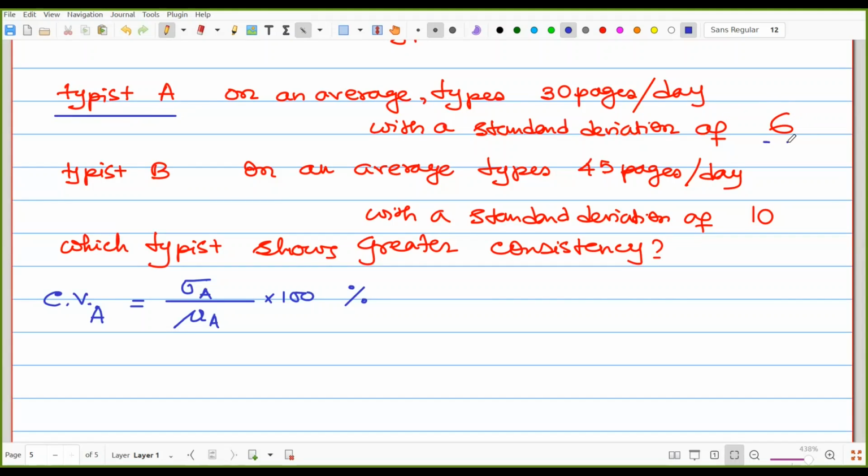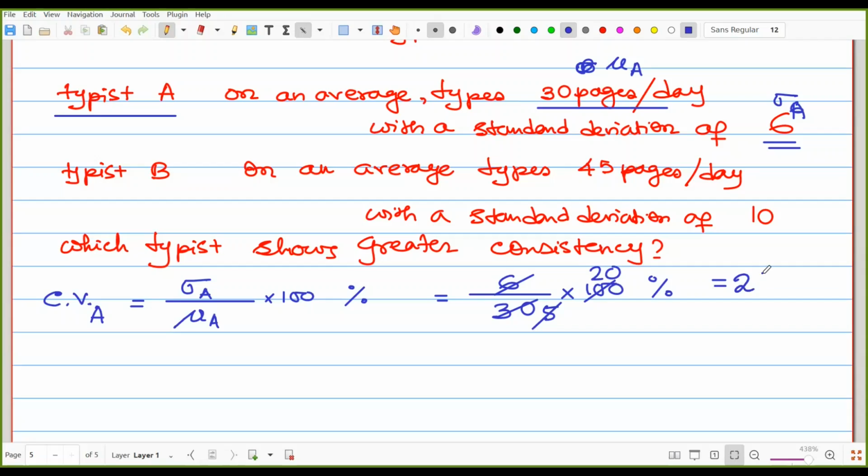Typist A has the standard deviation 6, so that is sigma A. On an average 30 pages per day, so that is mu A. So calculate the value: 6 by 30 into 100%, that is 20%. That is the coefficient of variation.